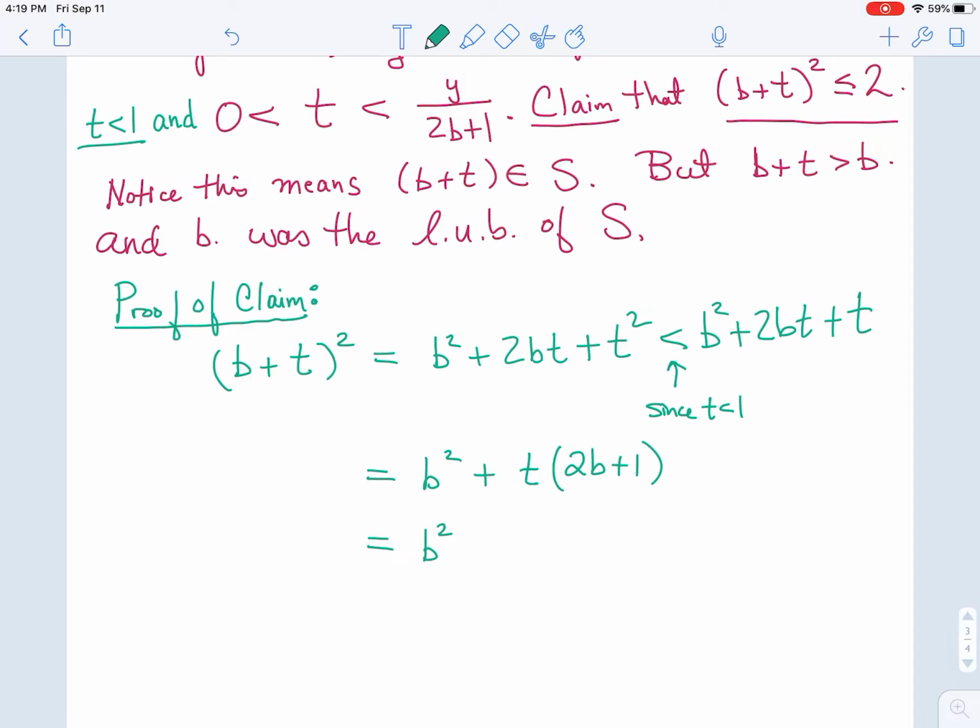Well, I know t is smaller than y over 2b plus 1. So we've got all positive numbers here. So this is going to be smaller than y over 2b plus 1 times 2b plus 1. Cancel, so that's going to be b squared plus y.